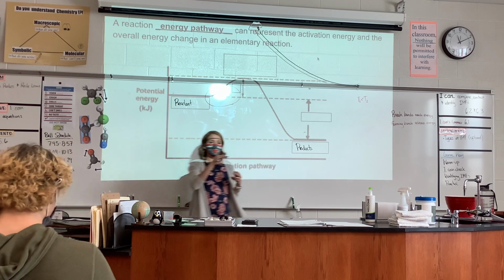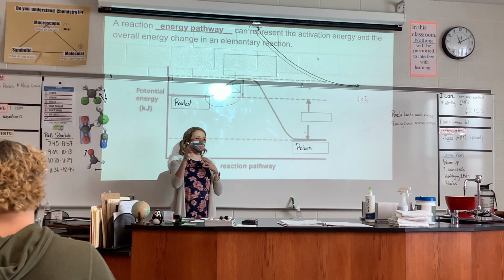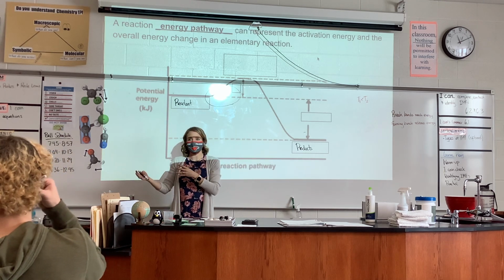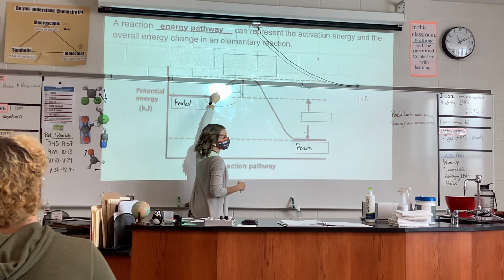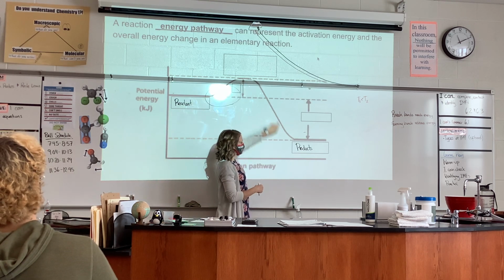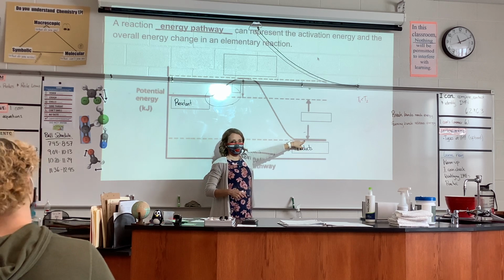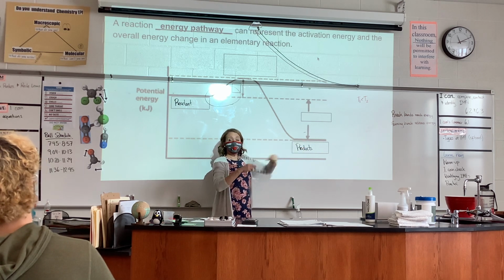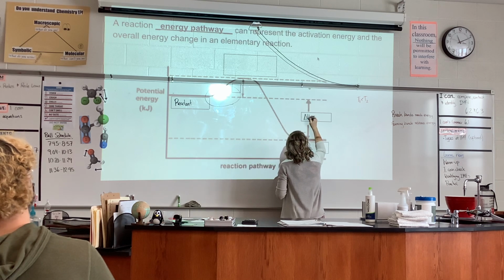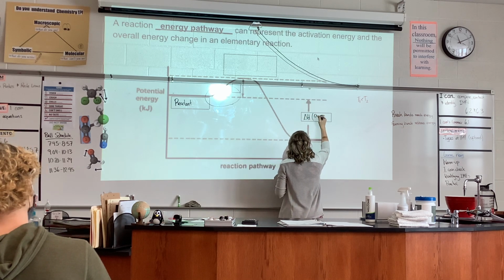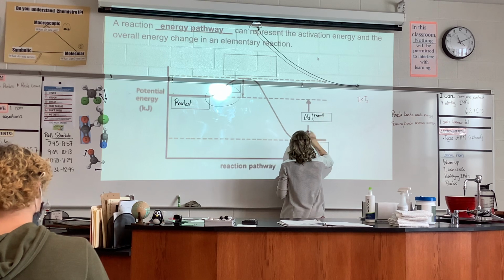The line is showing you how the energy changes as the reaction is proceeding. For this particular reaction, I'm putting energy in, hence the climb. Then energy is coming out. Overall, the overall energy change is measured right here, and symbolically it's known as delta H.